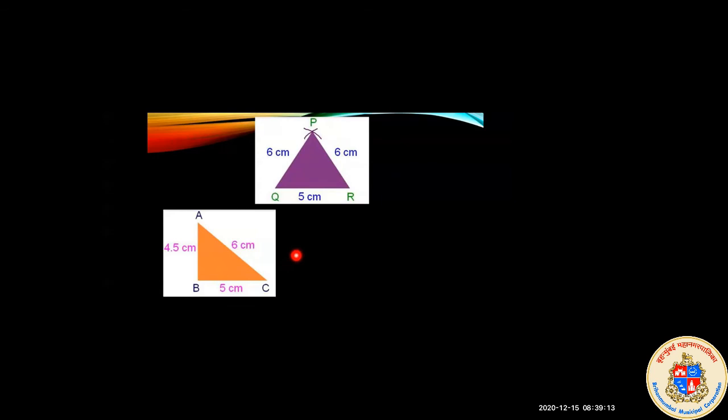Why is it a scalene triangle? Because the sides are different. Very well done. This is a scalene triangle because all the sides are different: AB is 4.5 centimeter, BC is 5 centimeter, and AC is 6 centimeter.